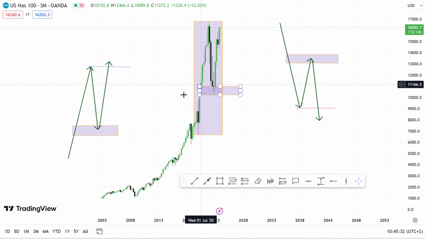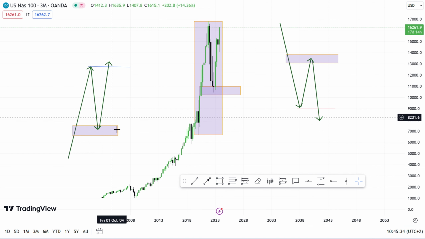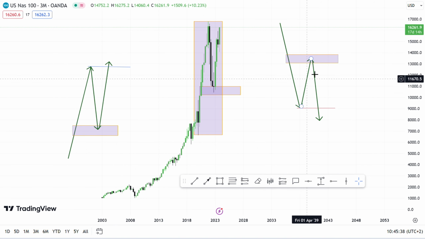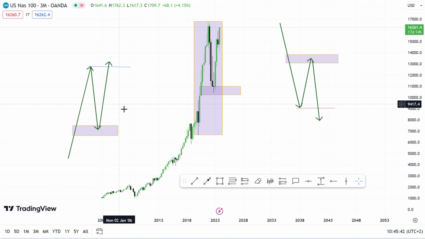Or after taking out liquidity here, you can come back and take out this area. After this happens, this will happen. I'm trying to make you see the analogy, introducing you to the topic very easily and opening your mind up to it. So you see what we're dealing with here. I'll leave this and this on the sides.